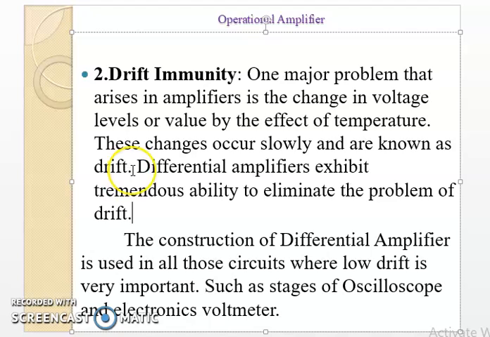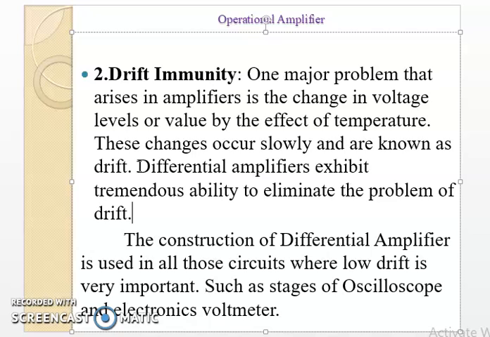The changes in amplification voltage take place slowly because of temperature, and such changes which occur slowly are known as drift. But the differential amplifier has a tremendous ability to eliminate such a problem of drift.